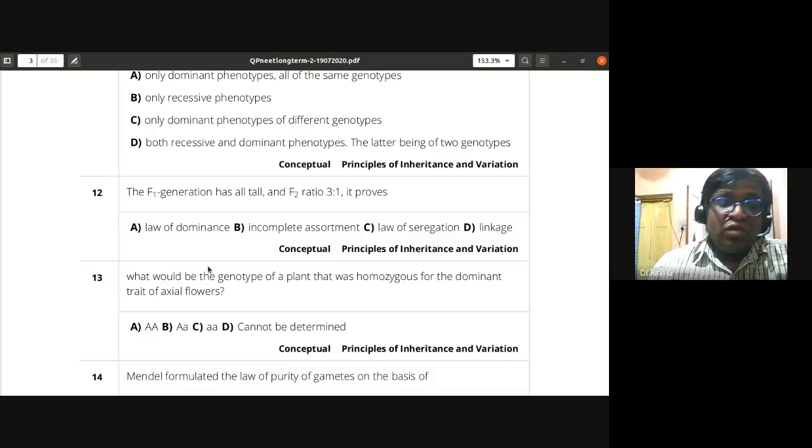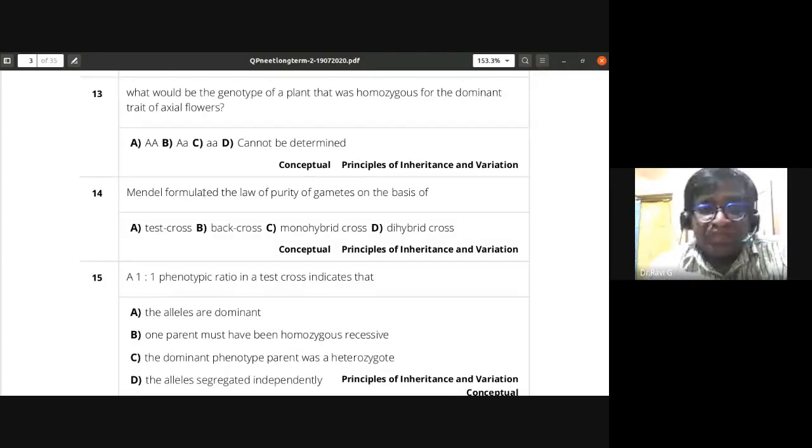14th one, Mendel formulated the law of purity of gametes, that is law of segregation or purity of gametes, on the basis of monohybrid cross. See, Mendel was not aware of the concept of haploid nature of gametes, but he was able to come to the same conclusion of haploid nature of gametes using monohybrid cross.